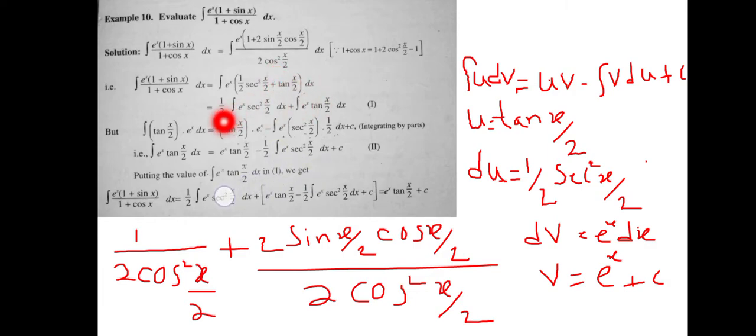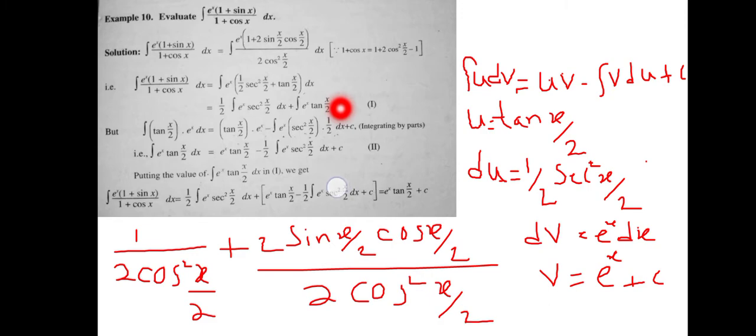Now separately multiply the exponential of x by both terms on both sides of the plus sign. The 1/2 we can write outside the integration sign: 1/2 integral of e raised to the power x secant square x/2 plus the integral of e raised to the power x tangent x/2 dx.